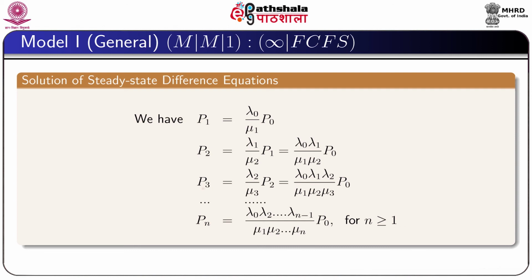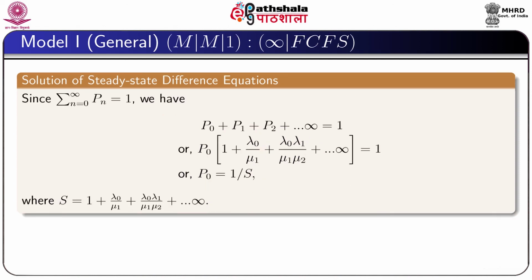Similarly, we get p 3 equal to lambda 0 into lambda 1 into lambda 2 divided by mu 1 mu 2 mu 3 whole into p 0. And proceeding in this way, we get p n equal to lambda 0 lambda 1 lambda 2 up to lambda n minus 1 divided by mu 1 mu 2 up to mu n whole into p 0 for n greater than or equal to 1.